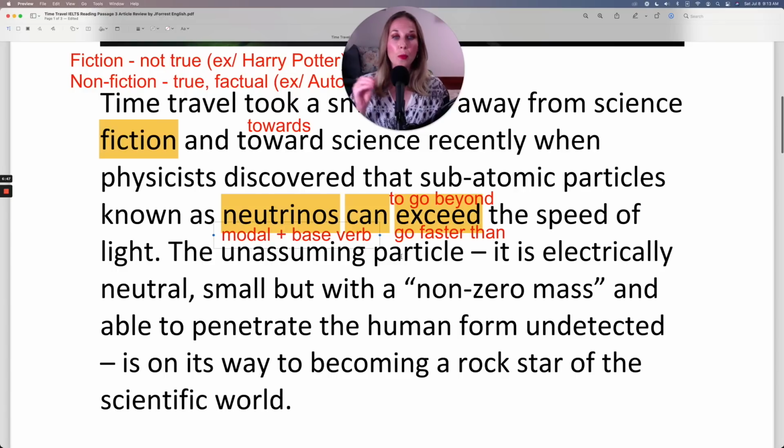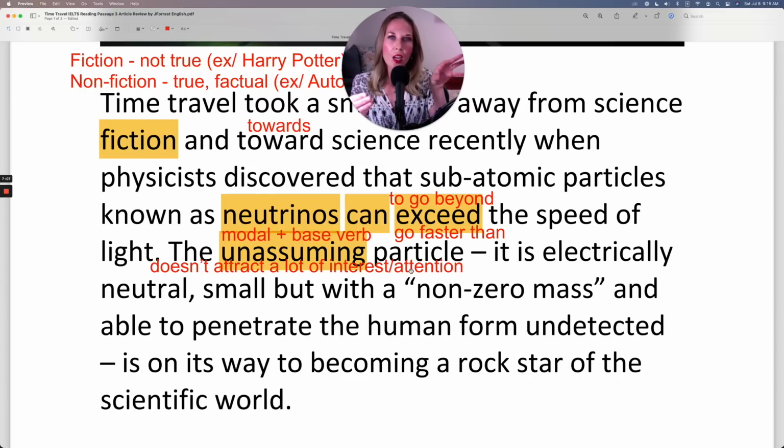The unassuming particle. Unassuming is an adjective. And when you describe something as unassuming, it means it doesn't attract a lot of interest or attention. So maybe you're walking down a street and there's a restaurant, but it doesn't attract your interest or attention because maybe it's very small. It doesn't look very nice from the outside.